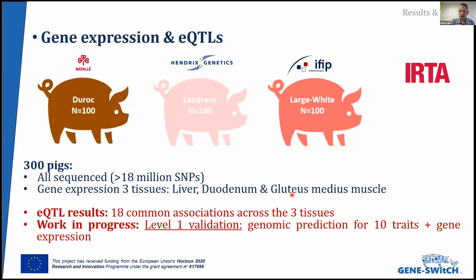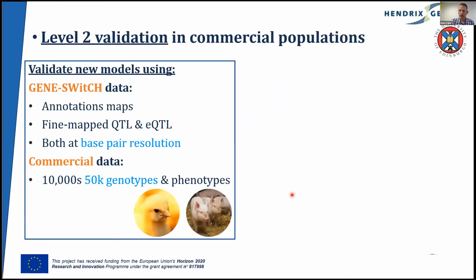So then going from the level 1 validation to the level 2 validation. As I said, the ultimate goal of the work package is to validate in commercial populations that what we have developed works and hopefully gives added prediction accuracy. So what we're going to use there is the GENE-SWitCH data. We have the new annotation maps. We'll have fine-mapped QTL for chicken and eQTL for pigs.